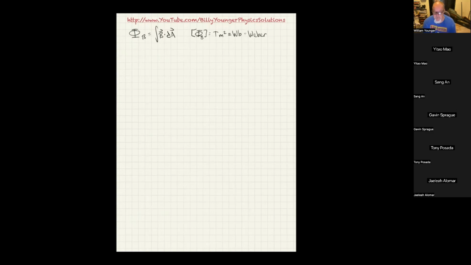You'll see how the Weber is related to voltage and stuff like that once we cover, for instance, Faraday's law. So once we have that basic definition of what the flux is, then I can tell you what Ampere's law is.